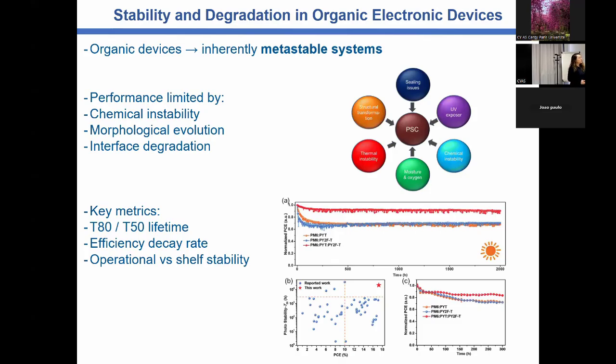So in terms of performance, I just put the perovskite here also. It's quite important to deal with UV exposure. In terms of stability, the stresses that degrade the devices are UV light, the chemical stability of the composition, moisture or oxygen intake, thermal instability, structural transformation or morphology change, and sealing issues.